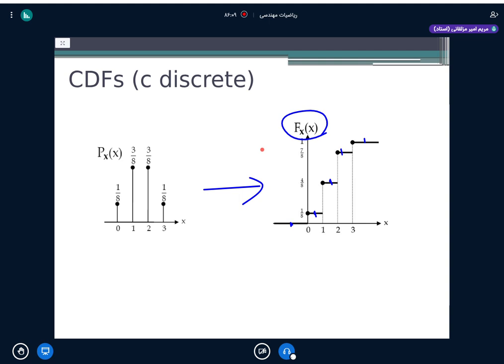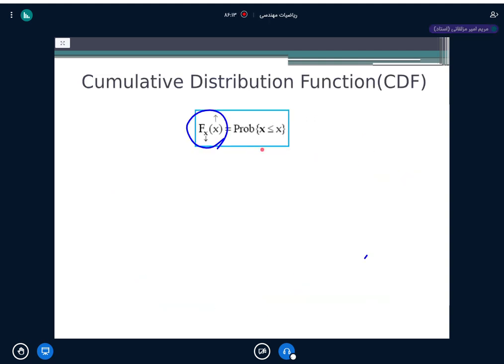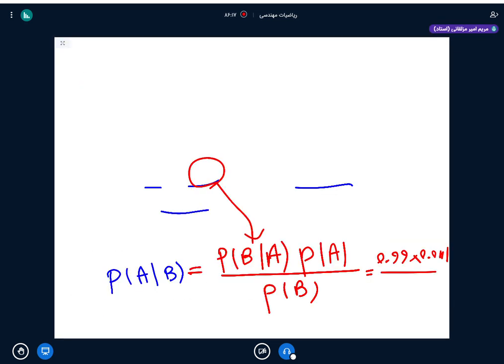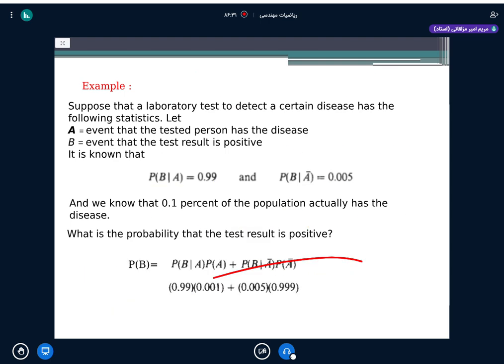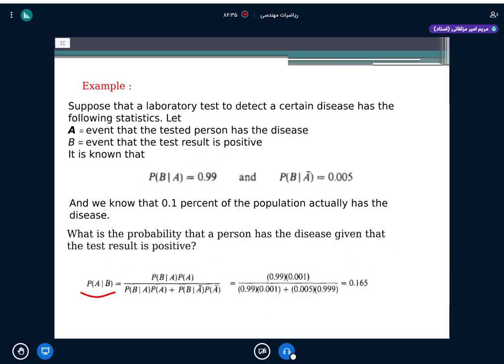I think it's enough for today, but let's review today's subject. First of all, we talked about examples: the first using the total probability theorem, and in the next example, we used the Bayes theorem.